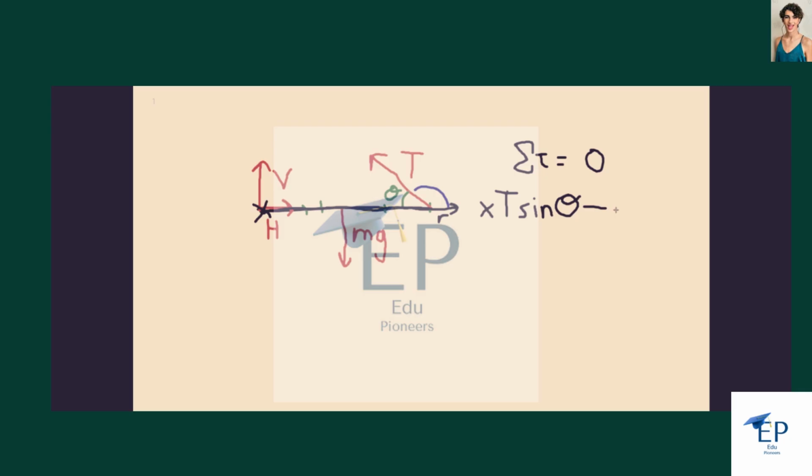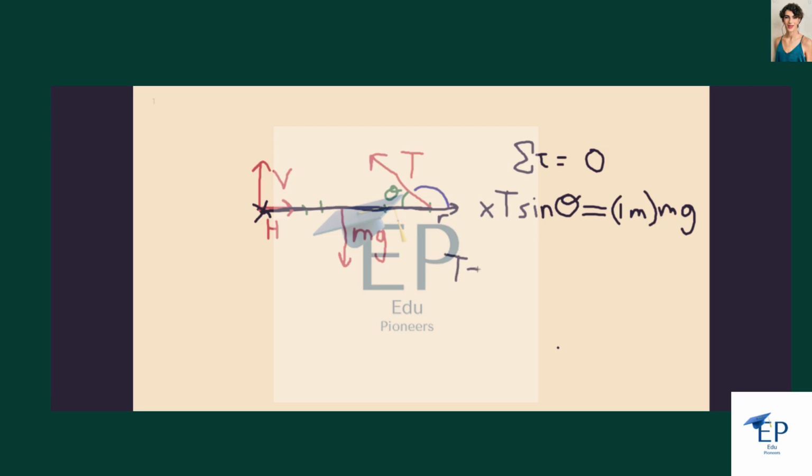Opposite, so that's going to be a minus, and we know this is attached at 1 meter, so 1 meter times mg. And this whole quantity is equal to 0, so I can just set these terms equal to each other, and we can rearrange and solve for T.